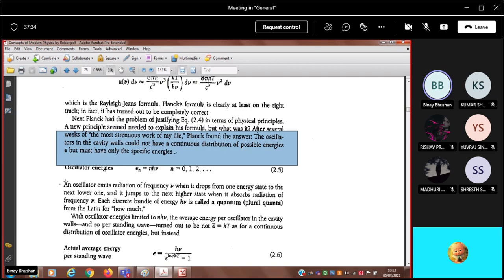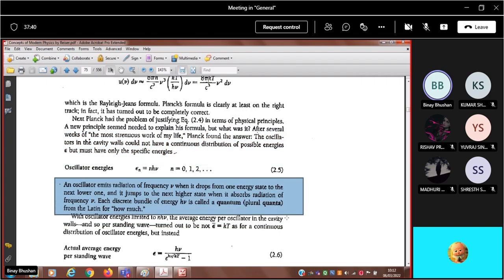And this one here, that an oscillator emits radiation of frequency nu when it drops from one energy state to the next lower one, and it jumps to the next higher state when it absorbs radiation of frequency nu. And each discrete bundle of energy h nu is called a quantum. Its plural is quanta, from the Latin word for how much. Quantum means how much.